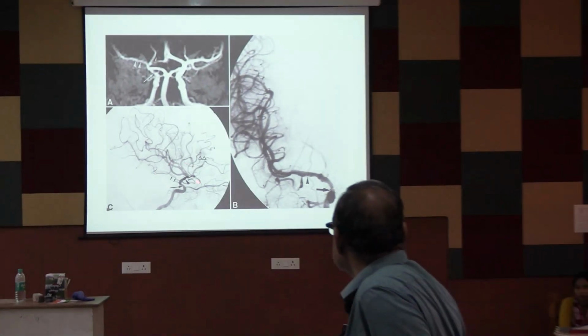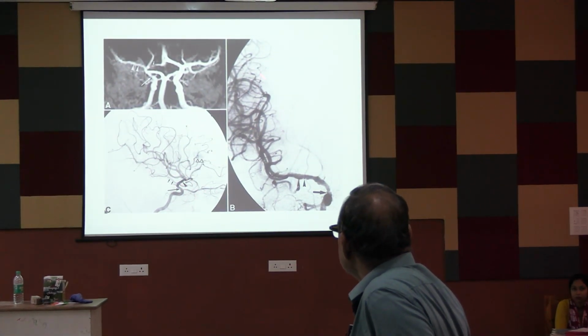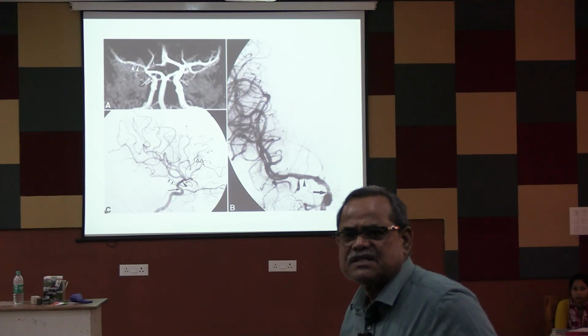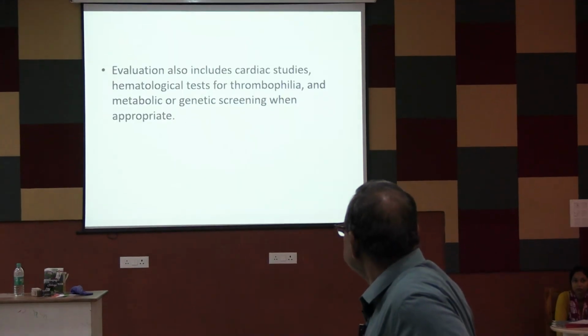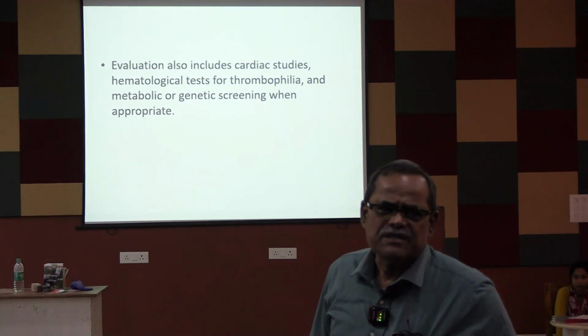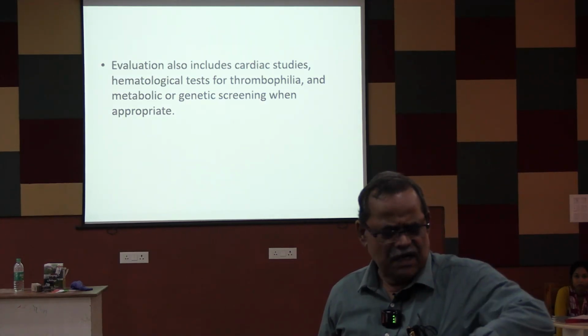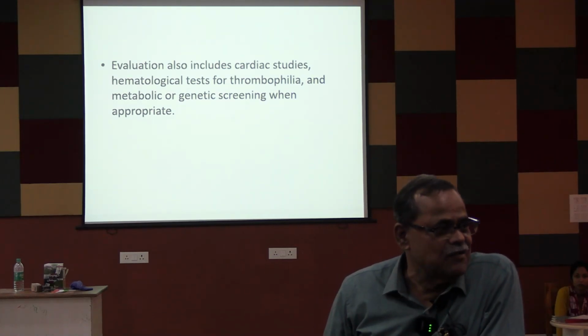I have shown you these pictures: the narrowing of the vessels and how there is multiple disorganization of the blood vessels. That can give rise to hemiparesis also. You should evaluate all the things. All systems should be investigated, starting from the eye, the cardiovascular system, the kidney and renal system also.